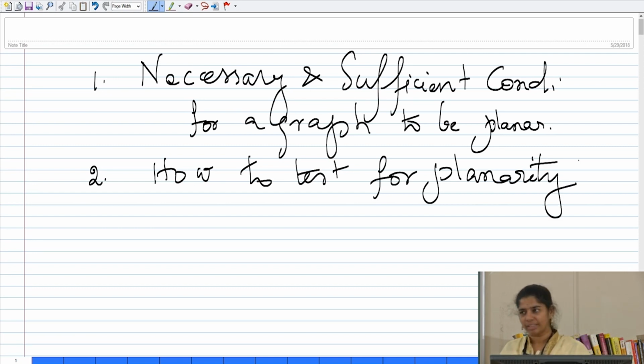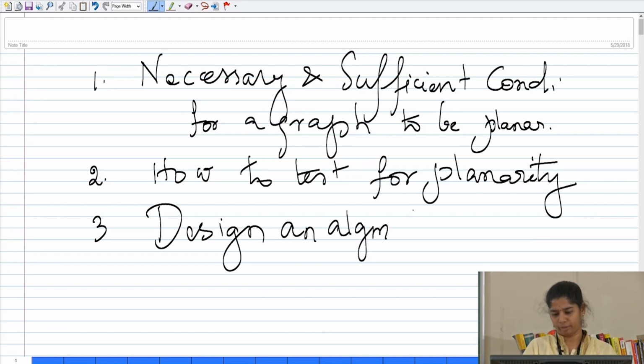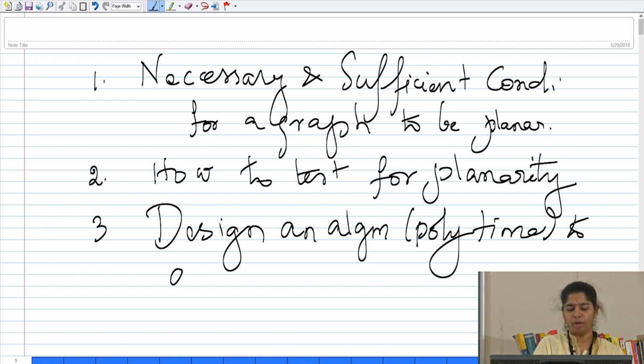And last but not the least, if you want to test, you have to give me an algorithm for testing, as well as a plane graph diagram. You have to give me a solution: this graph is planar because I can give you a structure where I can draw it in the plane. So the third problem, where there is still some work you can do, is to design an algorithm, preferably polynomial time, to draw a plane graph.